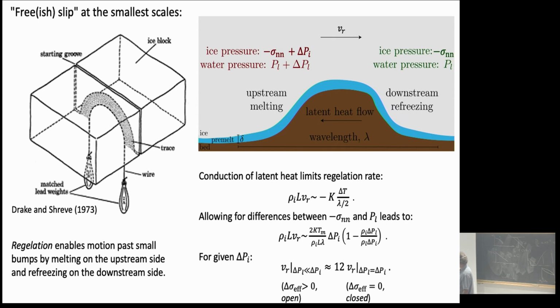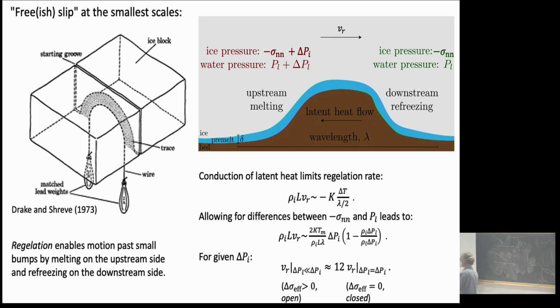And thermal conduction is going to limit it. So there's the amount of latent heat that's being released as we move from here to here. Here's the thermal conductivity, is that parameter there, the temperature difference across here, and the wavelength of this obstacle. And when you write in delta T using the generalized Clapeyron equation, allowing there to be differences in these two pressure jumps, you find that the bulk melting case goes about 12 times slower than the case where you have pre-melting. So it can be a significant effect.